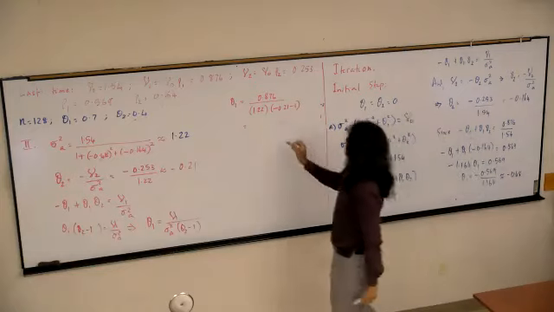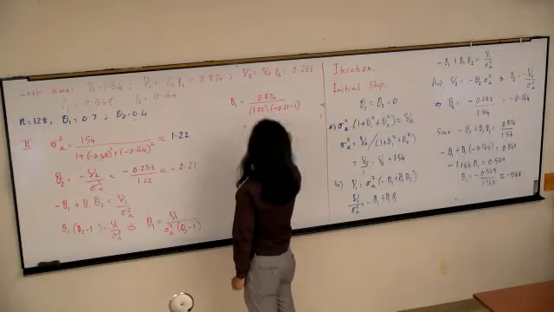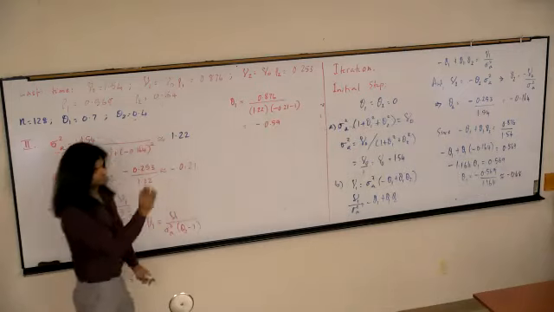What's that? 0.59. Negative 0.59? The second step.